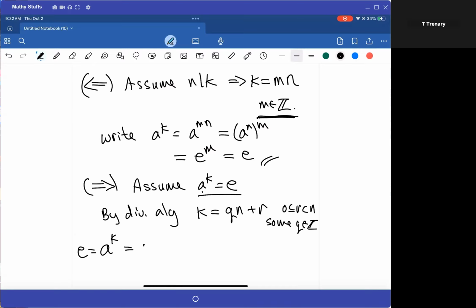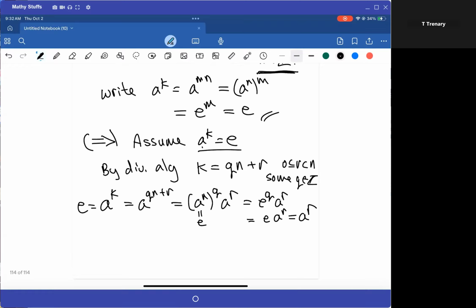So this is A to the Qn plus R, and we do a little rewrite on that. That's A to the N to the Q, A to the R. A to the N is E, again, by the order of the group being N. And so here we have E to the Q, A to the R equals E, A to the R equals A to the R. So getting kind of granular there.